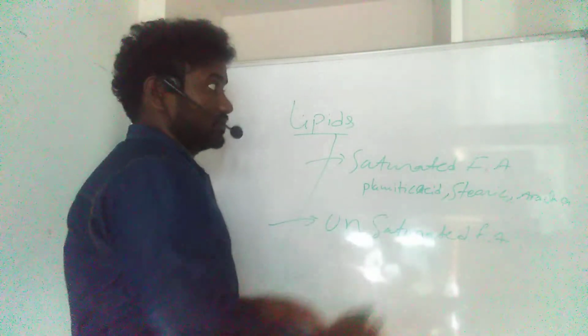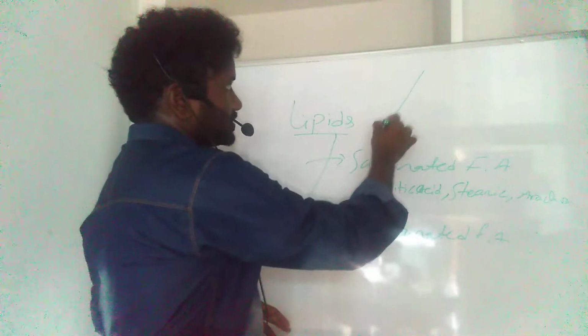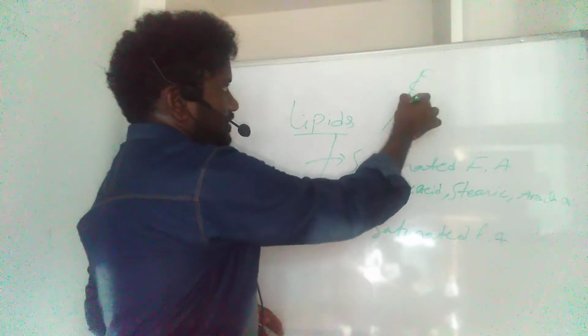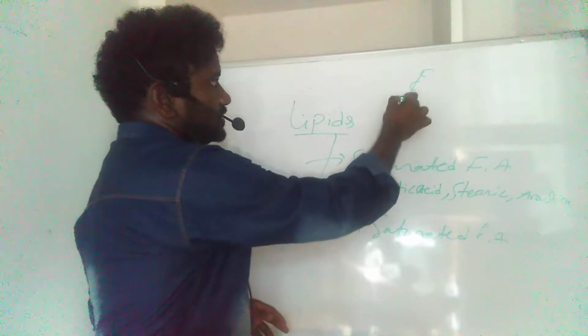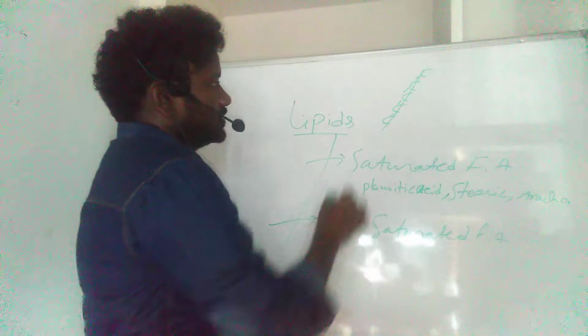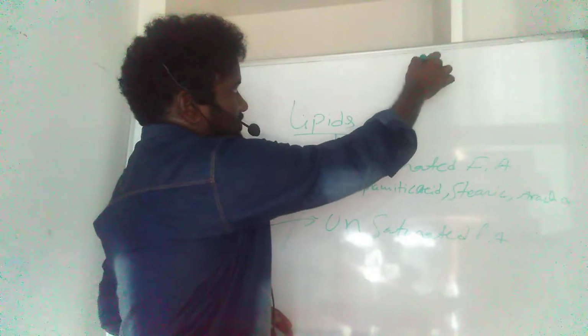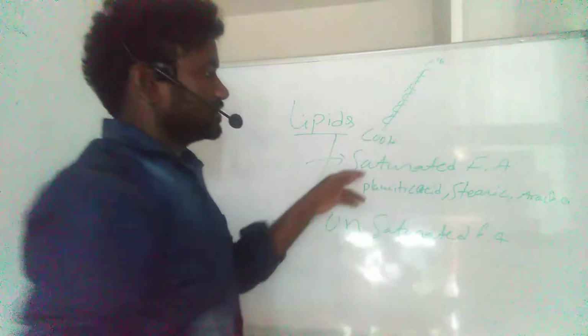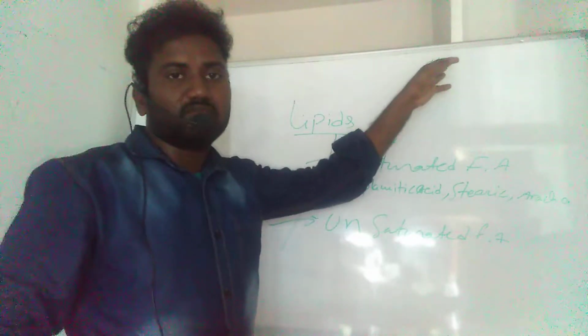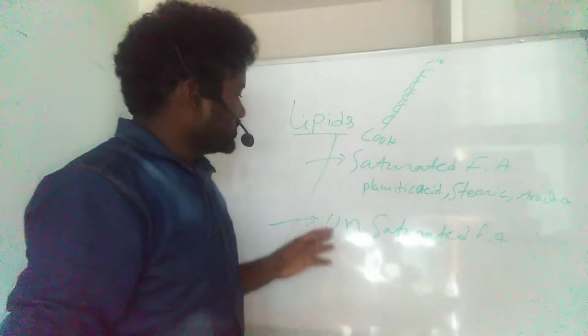All the carbons are connected with single bonds. Suppose 16 carbons are there in palmitic acid, 18 carbons in stearic acid.